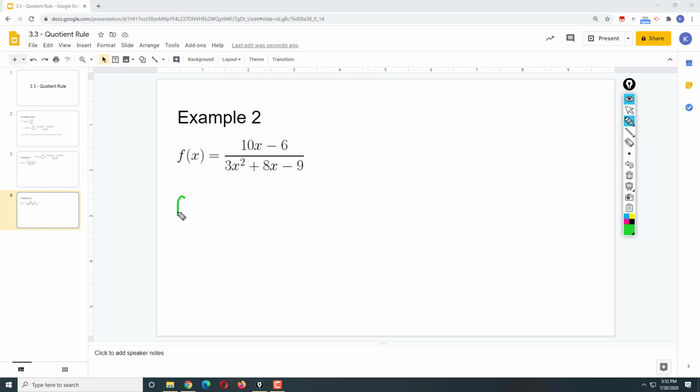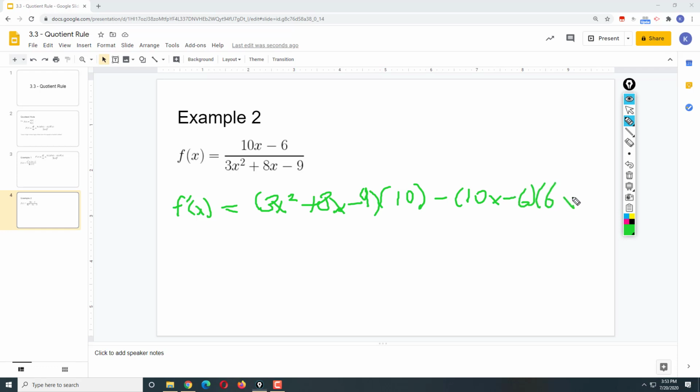The derivative f prime of x has to be low, 3x squared plus 8x minus 9. D high, derivative of the top. Derivative of 10x minus 6 is 10. Minus high, 10x minus 6. D low, the derivative of the bottom, which is 6x plus 8.